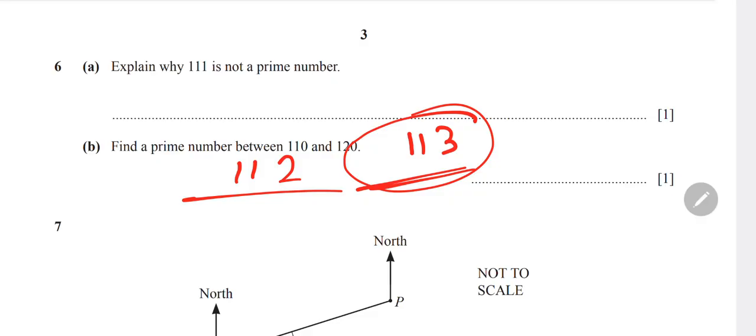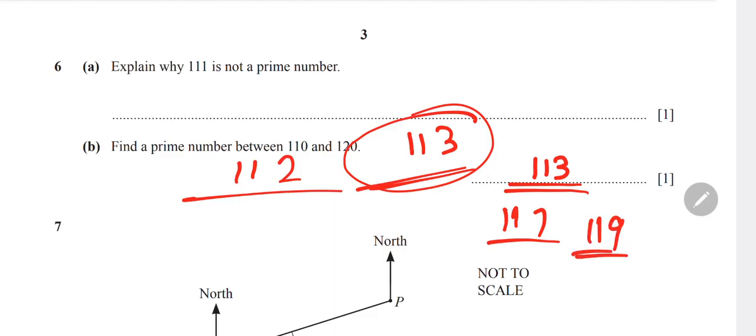So 113 is a prime number. We can go with 113. After this, 114 not, 115 is divisible by 5, 116 even, 117 is divisible by 13, 118 even, 119. What about 119? It's also, I think, a prime number. Okay, we have two prime numbers, but we need to write only one.